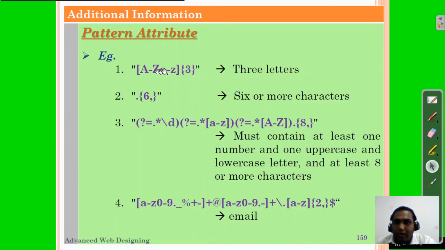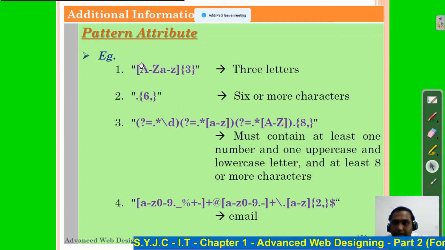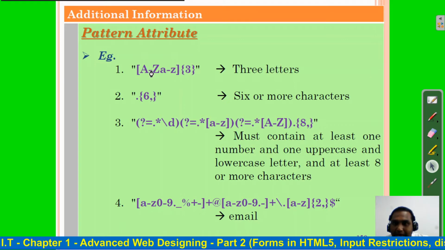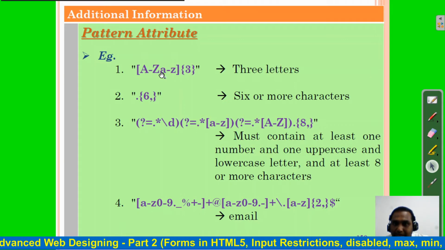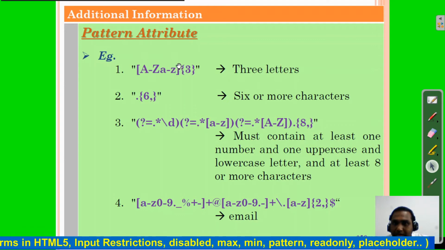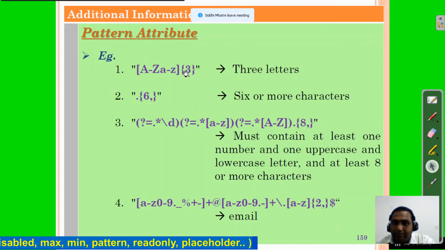If you write this, make a note, all of you. If I write pattern equals this, that means square bracket, capital A dash capital Z, immediately small a dash small z, I close the square bracket, then curly bracket 3 and close the curly bracket.